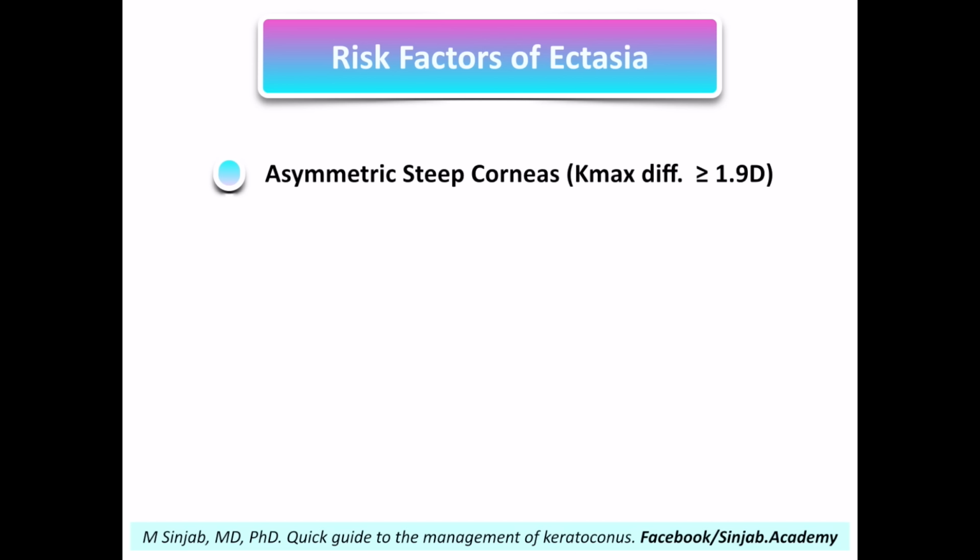If the difference between both eyes equals to or is higher than 1.9 diopters, then it is a risk factor. The same for the asymmetry in pachymetry.